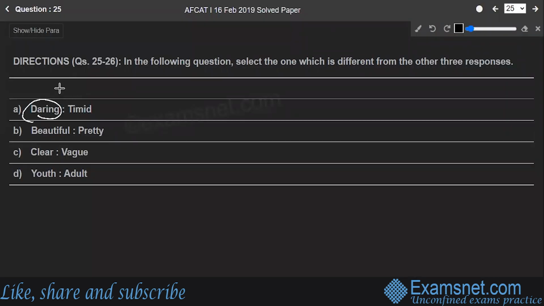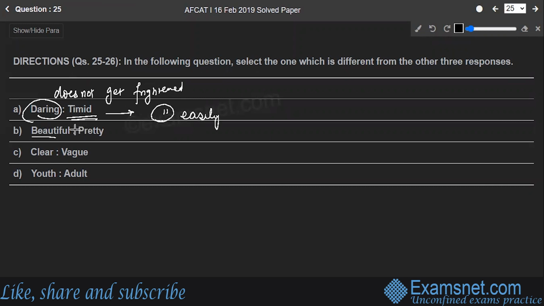Daring means the one who is very daring, or you can say doesn't get frightened easily, whereas timid is the one who gets frightened easily.